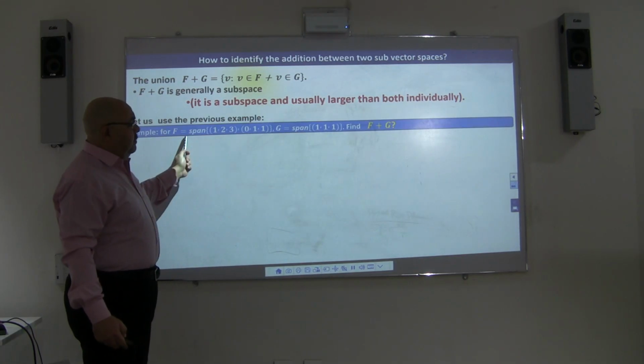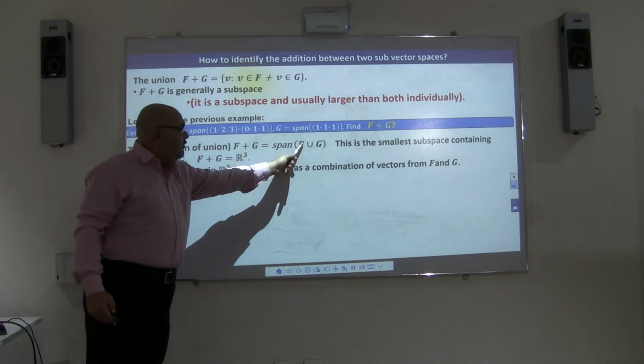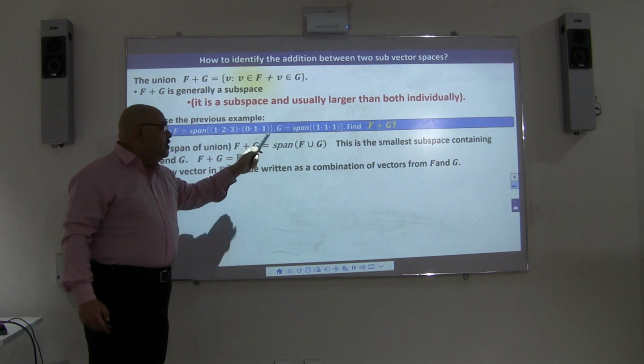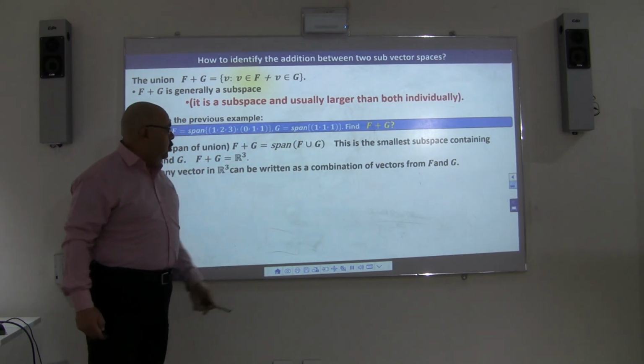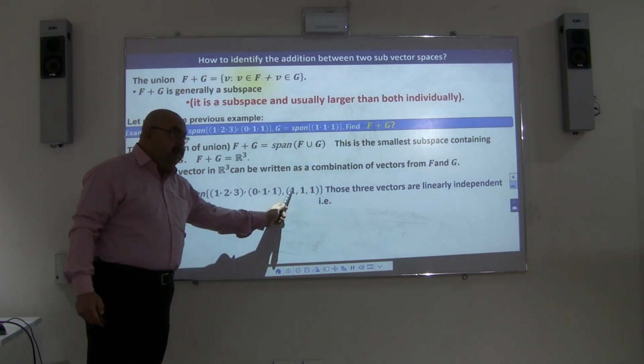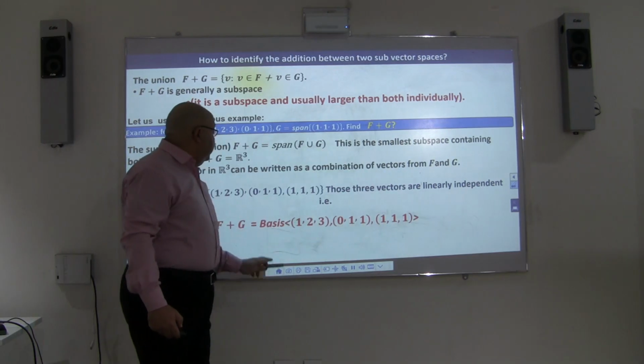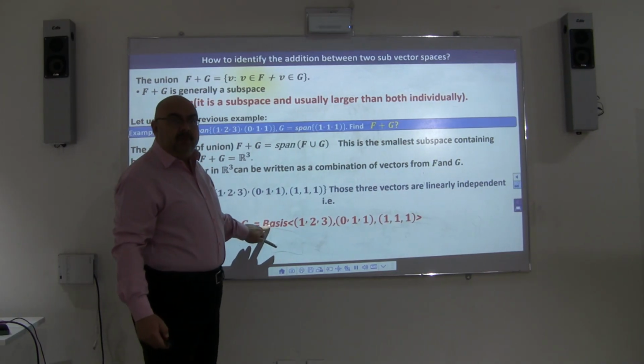Let us use the previous example. Now I have the span of F union G with all the vectors that will be combined from all of them. So the span will be the first two vectors plus 1, and since they are linearly independent, they are the basis.